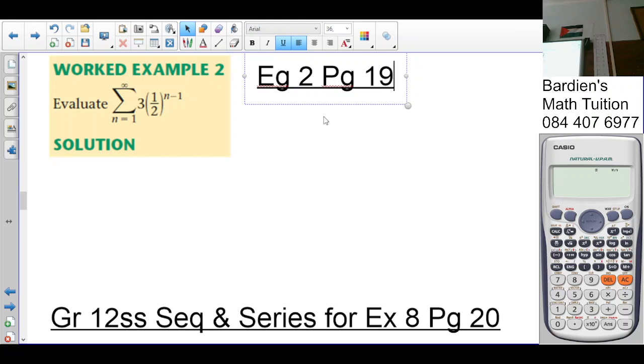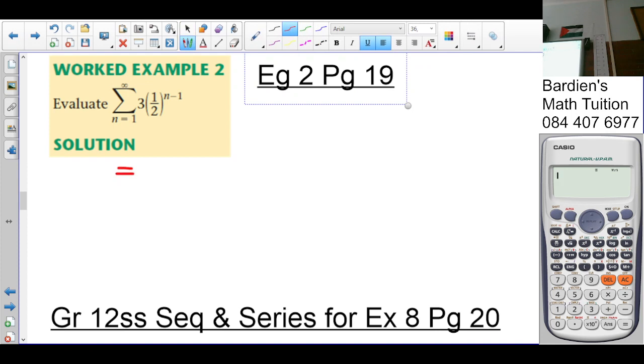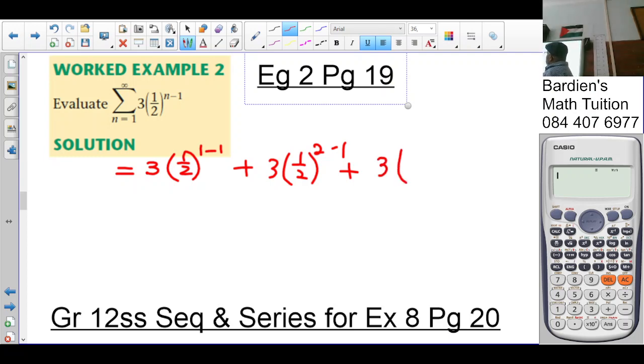So to work out the first 3 terms, what do I say? So I start at 1. So it's 3 into a half to the exponent 1 minus 1. You all agree with that? Plus, what will the next term be? 3 times a half to the 2 minus 1, plus 3 times a half to the 3 minus 1.